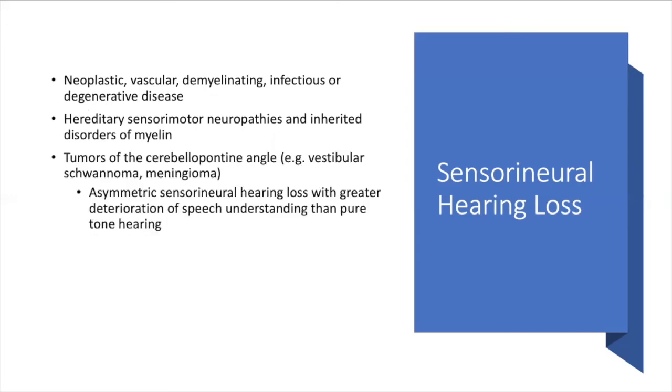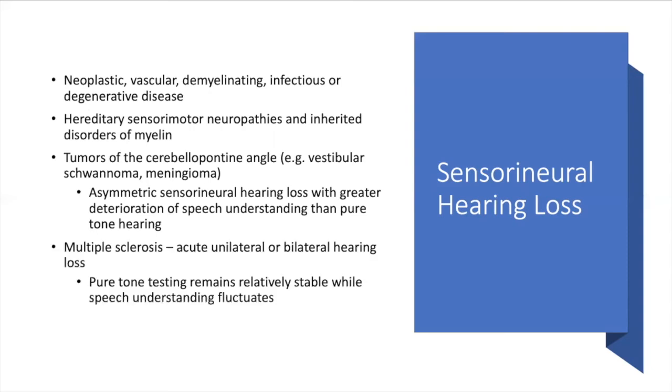Tumors of the cerebellopontine angle, such as vestibular schwannoma and meningioma, usually present with asymmetric sensory neural hearing loss with greater deterioration of speech understanding than pure tone hearing. Multiple sclerosis may present with acute unilateral or bilateral hearing loss. Typically, pure tone testing remains relatively stable while speech understanding fluctuates.